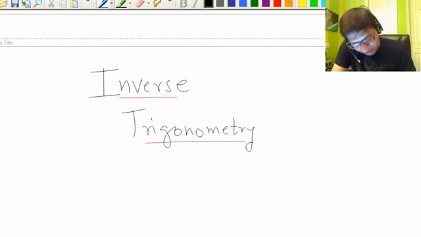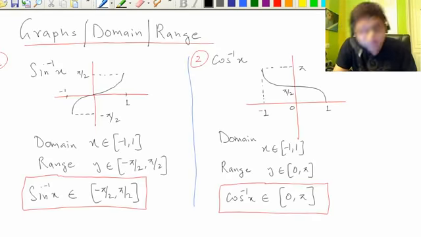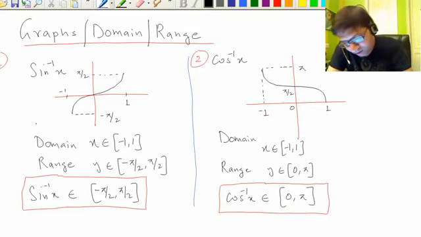We have to go through this phase also, but I'm sure you know about graphs by now. You remember all 6 graphs very well and can draw them in no time. But let's quickly go through this part.